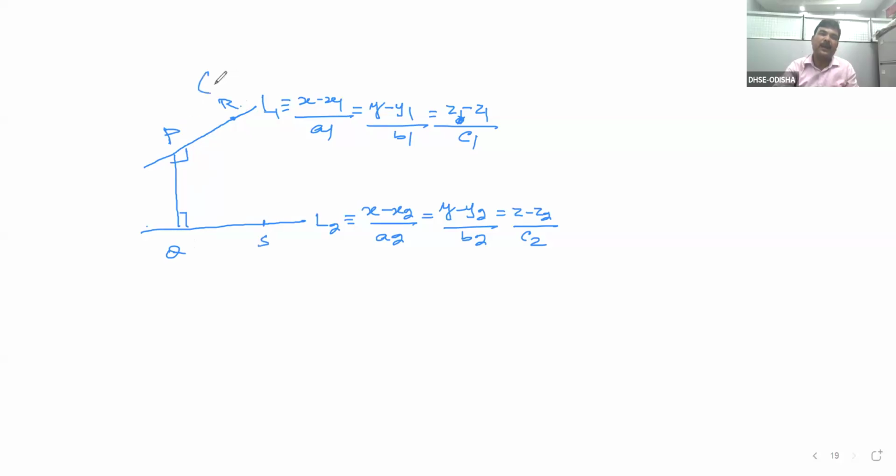Coordinates of point R are x1, y1, z1, and the coordinates of point S are x2, y2, z2, right? The shortest distance PQ is the projection of RS on the line L.